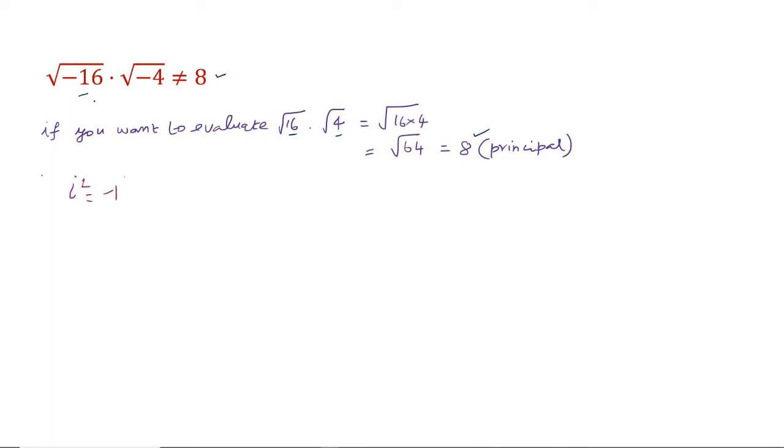For that, first of all we should know how to evaluate root minus 16. We know that i square is minus 1, where i is the imaginary unit, iota, equal to square root of minus 1. So how do you evaluate root of minus 16?